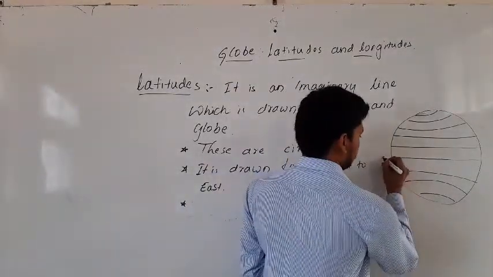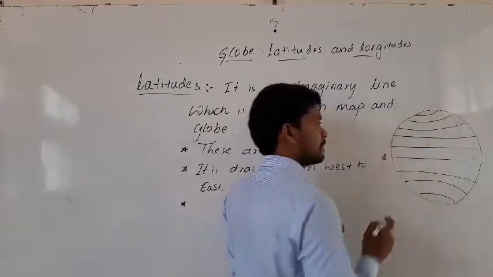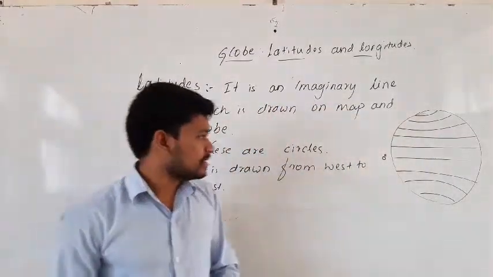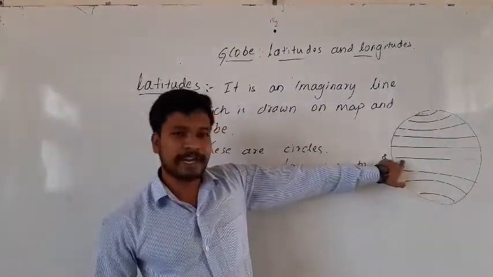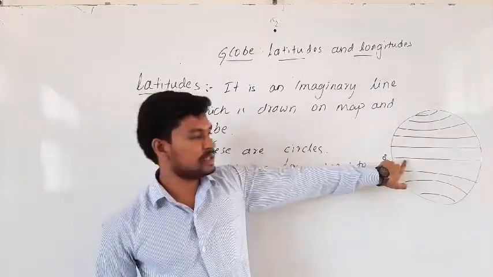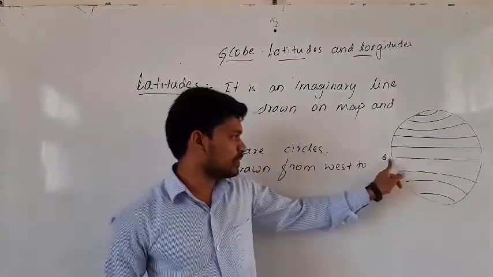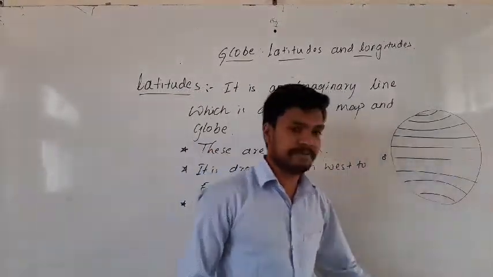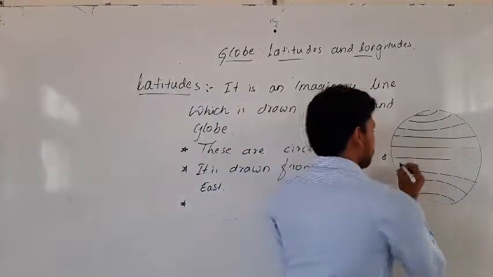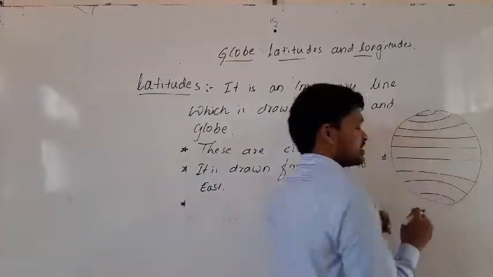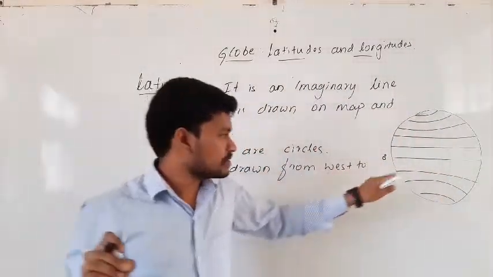This is the latitude which denotes 0 degree. It is a very important latitude. Why? This latitude divides the Earth into two equal halves. It's a central circle, a centrally drawn circle.